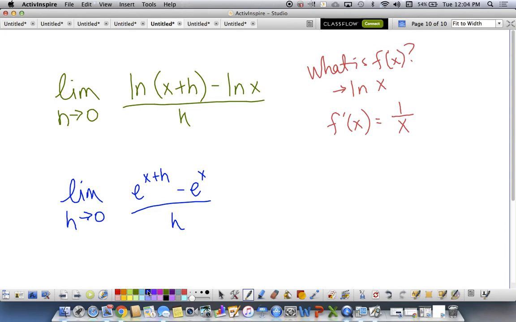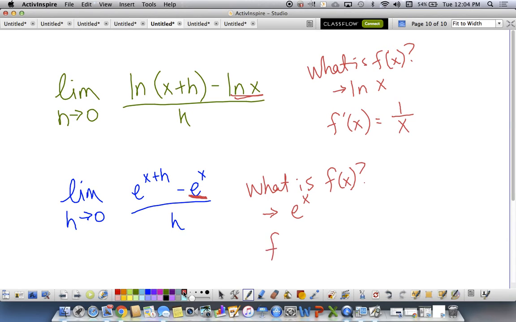We did them on the same day, but they are completely different. When I see a limit with a plus h, I'm going to say, what is f of x? Where is f of x always going to be in the definition of a derivative? It's going to be that second piece, minus f of x. So e to the x is our f of x.